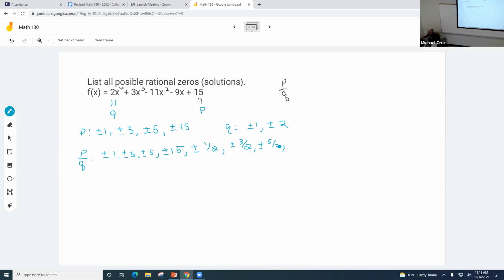And the last one is plus or minus 15/2. Okay, so those are all the possible rational roots.